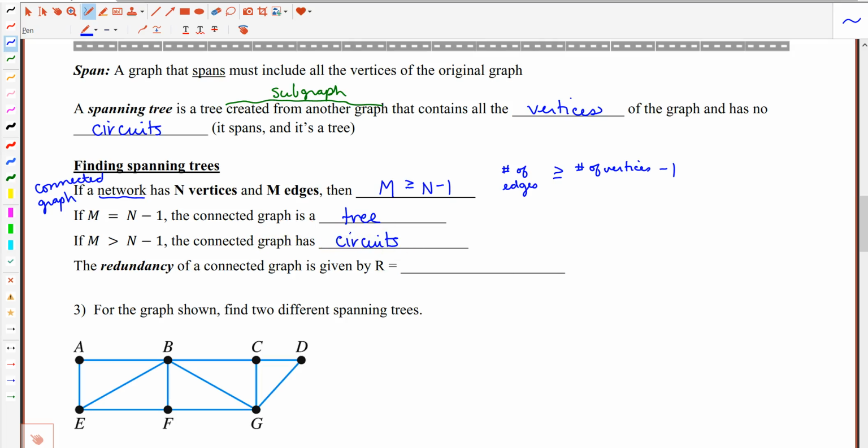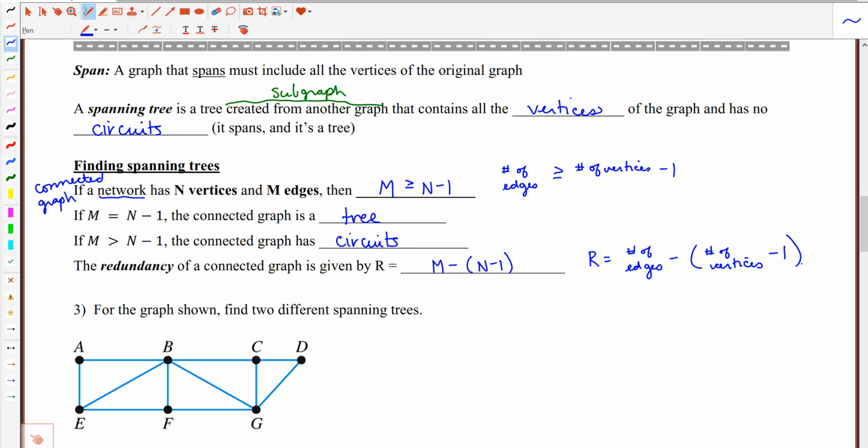The redundancy of a connected graph is going to be given by doing the calculation of m minus (n minus 1). Or in other words, it's the number of edges minus the number of vertices minus 1.